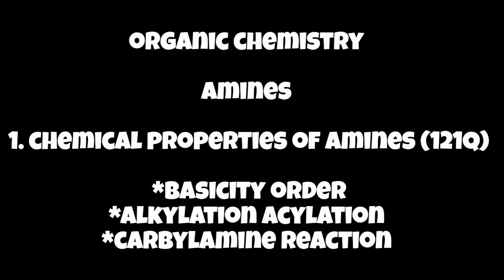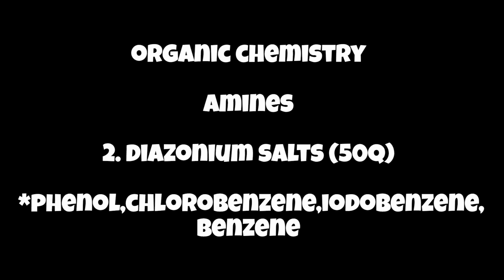Okay? After this, your second most important topic is diazonium salts reactions. Apart from this, 50 questions have been asked in your board exam in the last 10 years. So this is also your majority. In this, you have to prepare phenol, chlorobenzene, iodobenzene, benzene properly. So, you are going to have these 2 topics in this chapter also. You just have to do these things well.